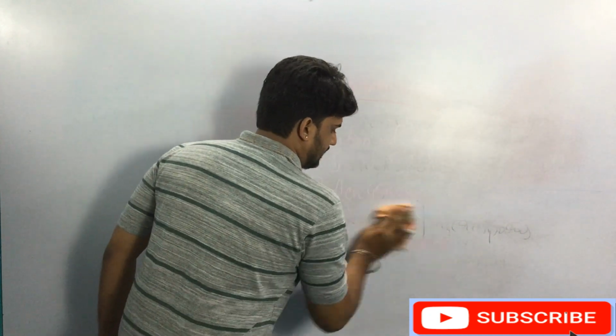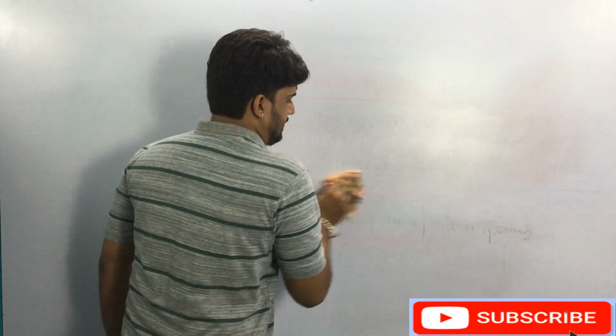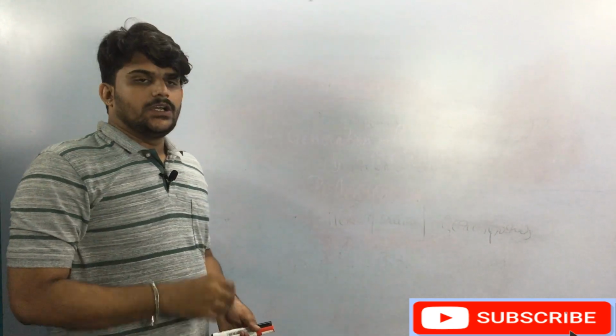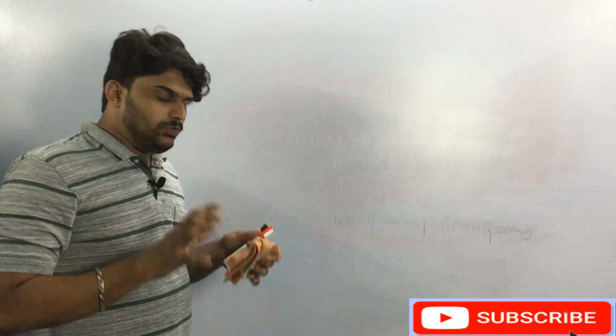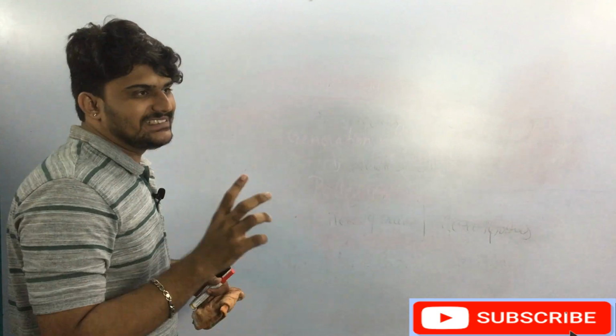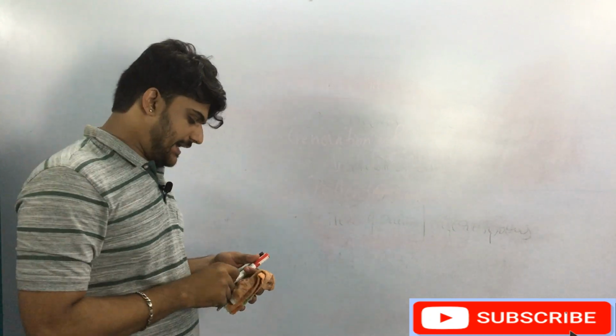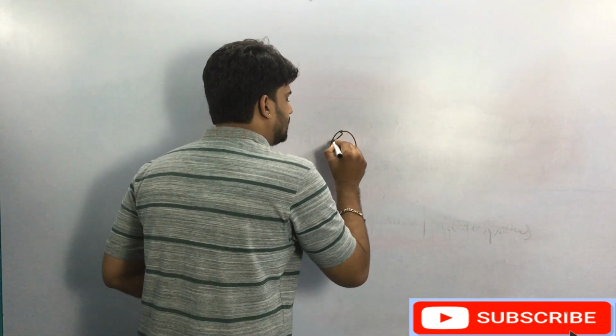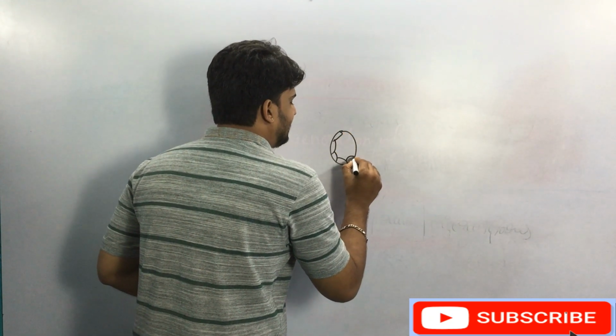I'm going to take only one pollen sac. There will be 4 pollen sacs in a dithecous anther. This is a smaller one, a young anther.